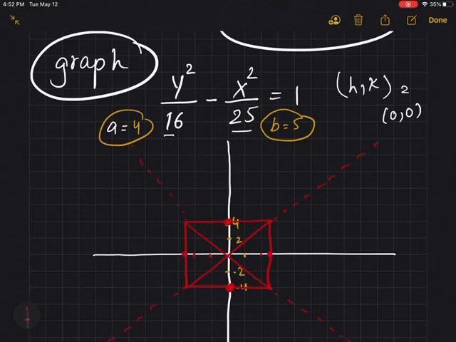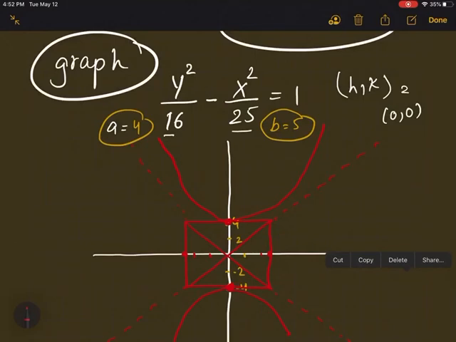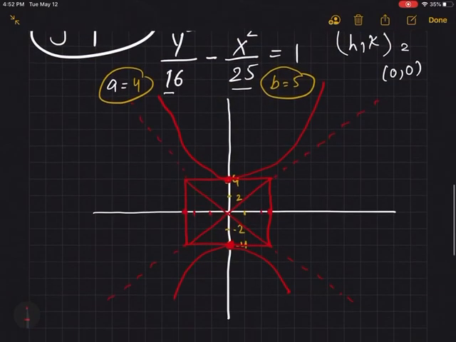And from those points, you just have to draw two parabolas like this. One's going up, one's going down. Your graph is going to get closer and closer to those two asymptotes, but it's never going to intersect. So that's how you need to draw these parabolas, or combined, the hyperbola.